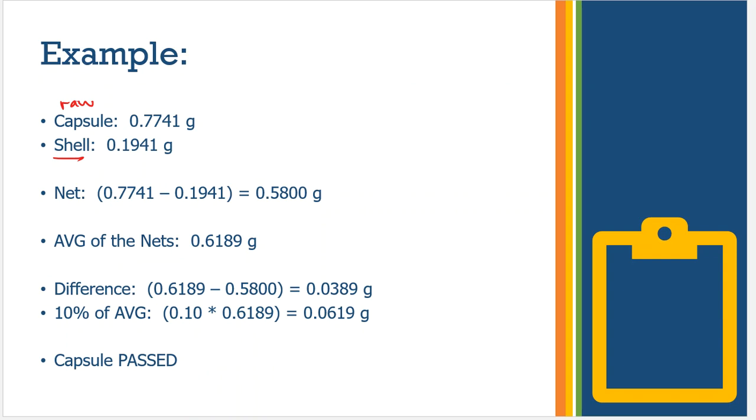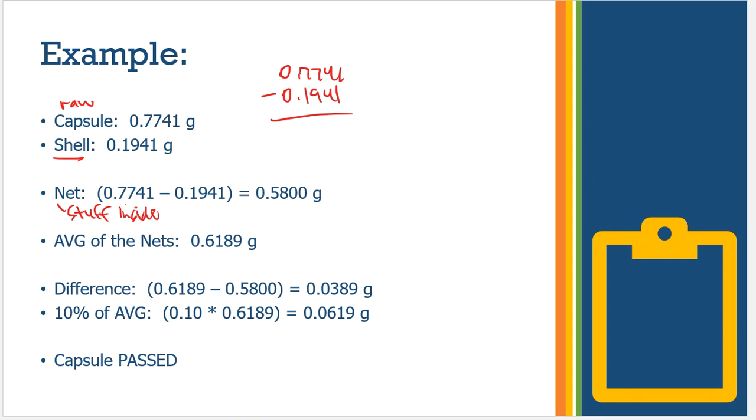And the next step is, calculate the net. It keeps referring to the net. The net is the stuff on the inside. That is what we are after. That is really what we're calculating here. So I'm going to take the capsule, which is 0.7741, and subtract the shell weight from it.